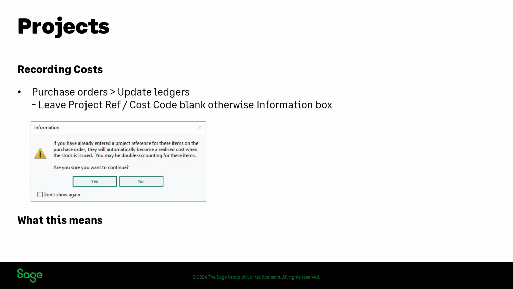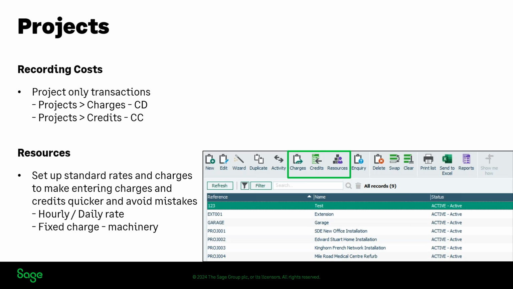Final bit I want to cover with you today, cost-wise, is project-only transactions. There are two options within the projects module: charges and credits. This is where you need to assign a charge or a credit to a project where it's going to be an internal charge. Let's say you employ project managers.